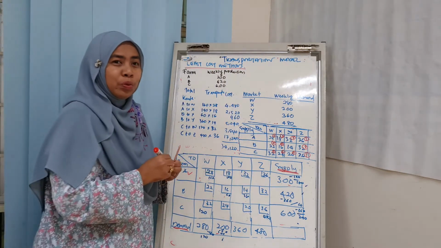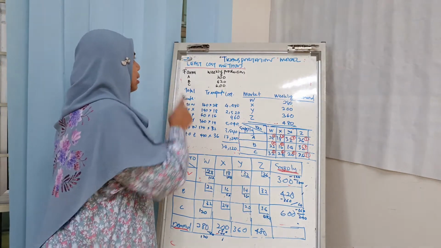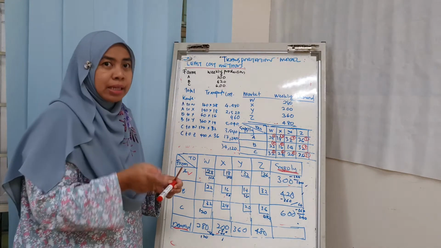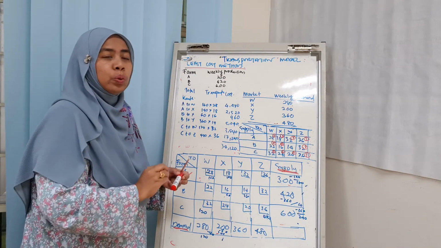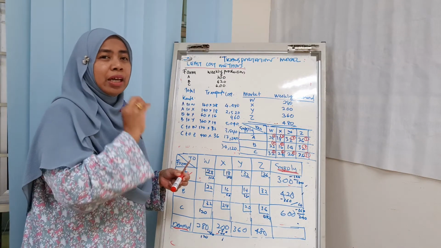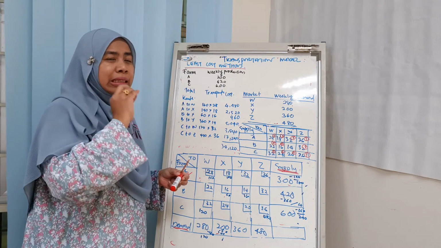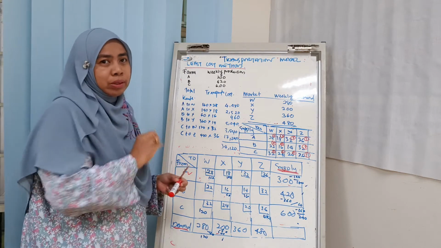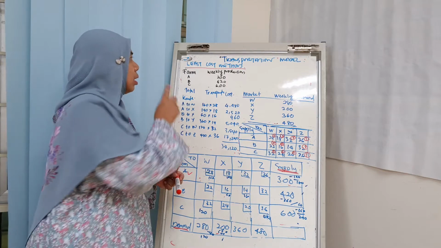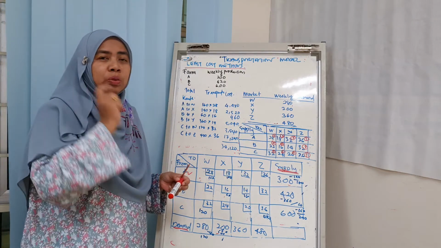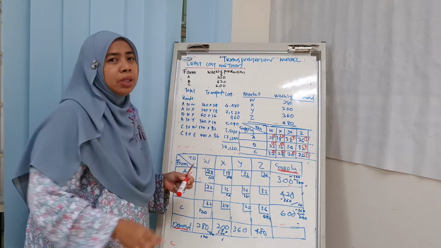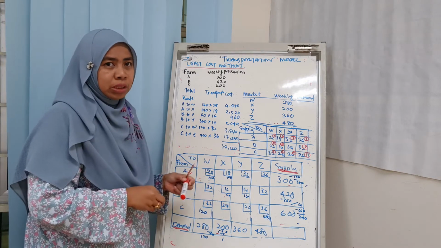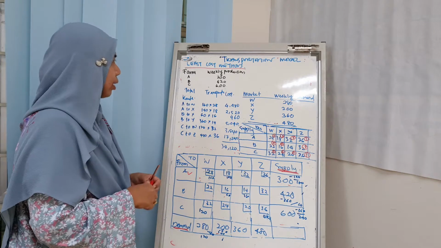When we say it's a least cost method, that means we calculate and also get the lowest cost. You remember, least cost method means you want to identify the least or minimum cost for the transportation, right?